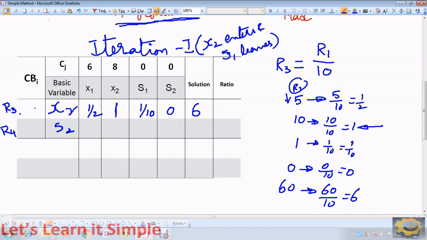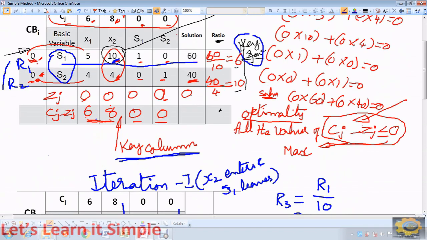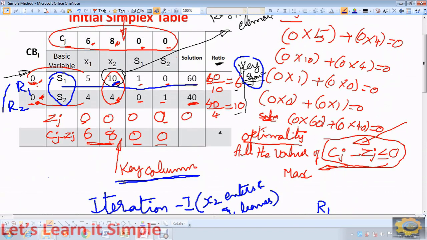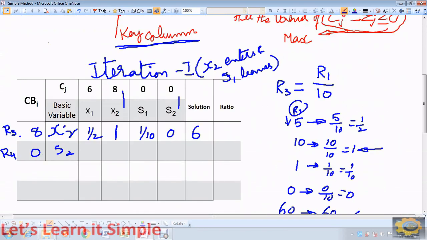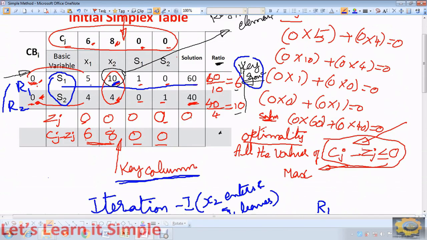Now in the coefficient of basic, we need to fill the values of x2. So the value for x2 is 8, bring it here, and for s2 it is 0 again. I'll repeat again. If you look at the key column in the initial iteration, the key column is the x2 column, which means x2 will enter the solution here, and what will leave?